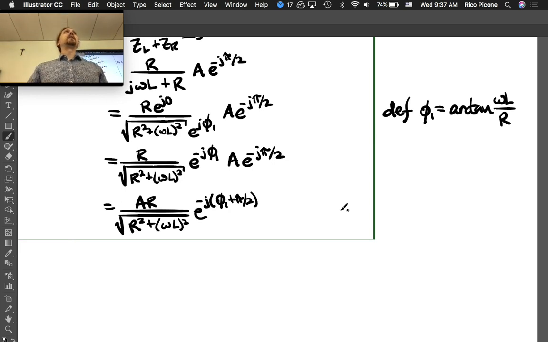So this is the phasor form of one of the things we're looking for, right? IL. We could convert it back to trigonometric form now, right?